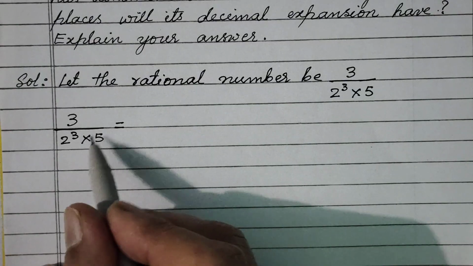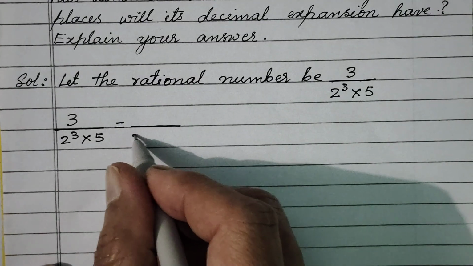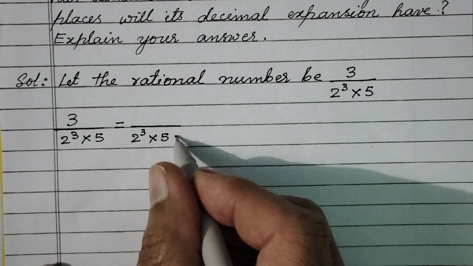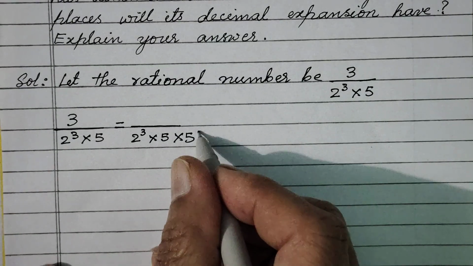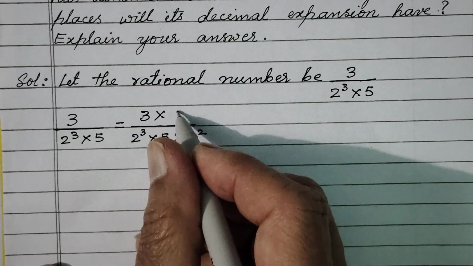So I should make it as 5 cube. So what I will do, I will multiply the denominator with 5 square. So the numerator also is multiplied with 5 square.